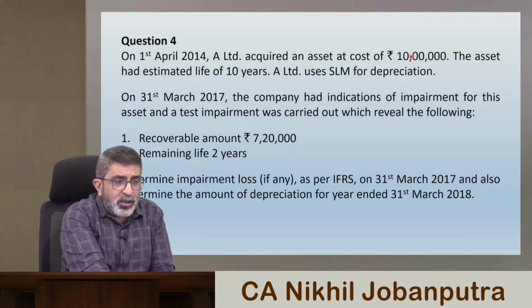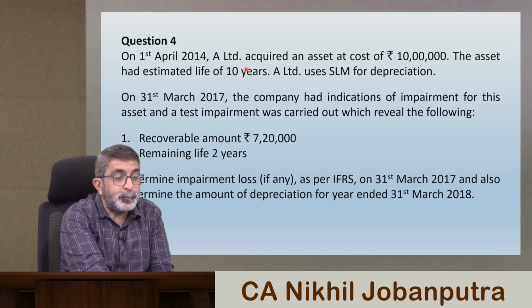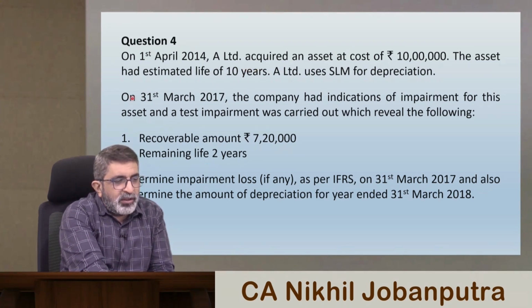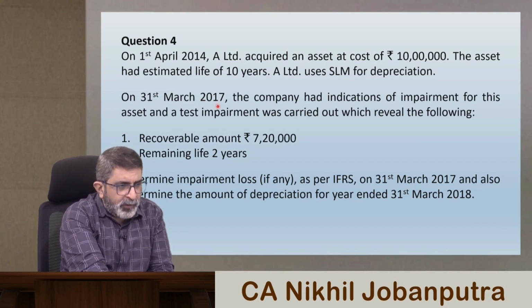So annually you will be charging rupees 1 lakh of depreciation, simply 10 lakhs divided by 10 years, 1 lakh every year. Now this is the date given on which the asset was placed for test of impairment, and that is 31st March 2017, 3 years later.